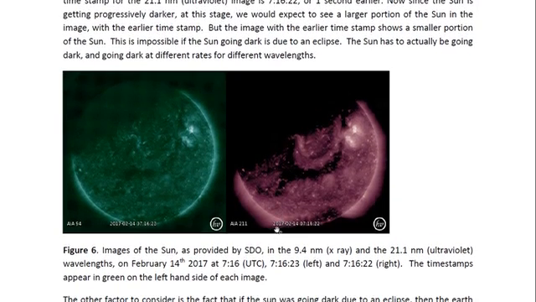Now, the other thing that we can look at is the fact that this image is from slightly later than that one. This is 1 second later, and the sun is getting darker. So we would expect to see a lesser portion of the sun in the later image. And again, this is reversed.